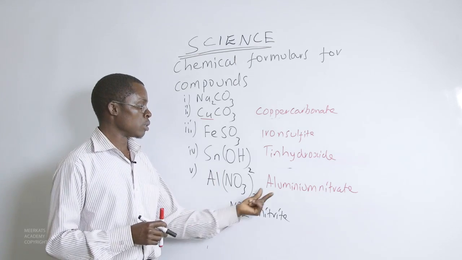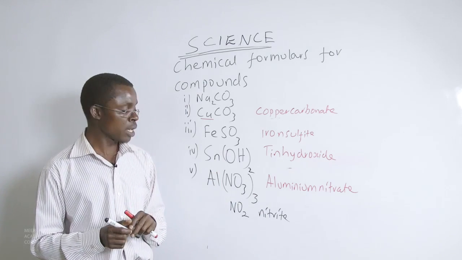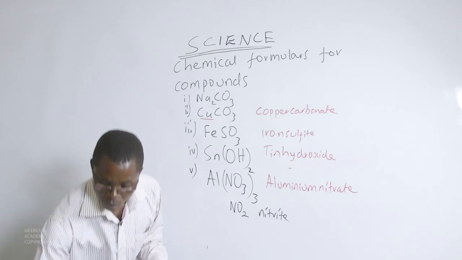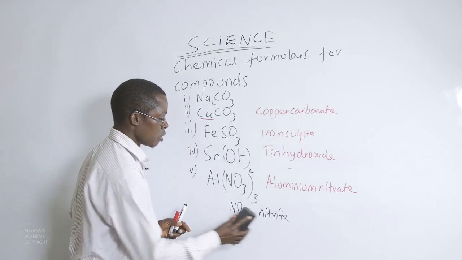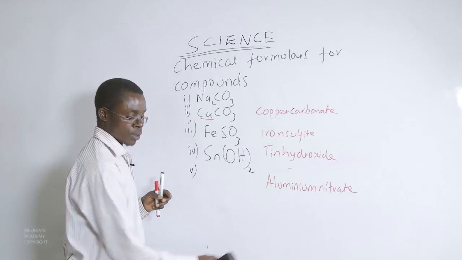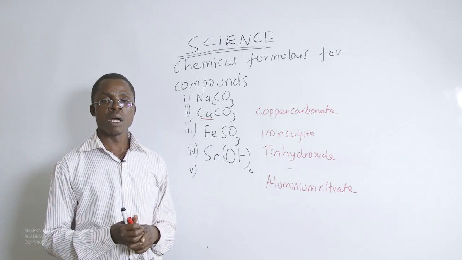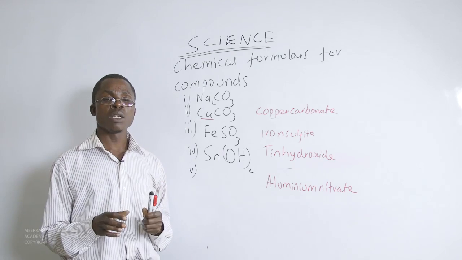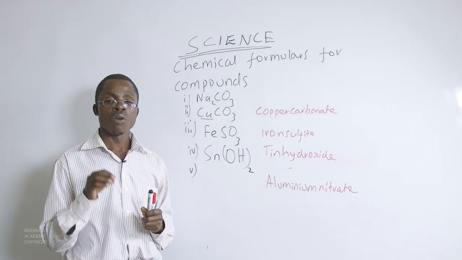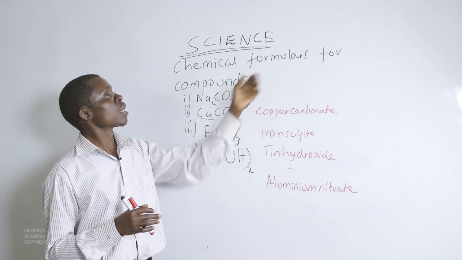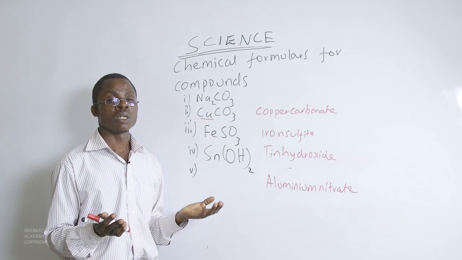Maybe let's use aluminium nitrate as an example here. How do I use the combining powers to get the formula? So I've been given a name, aluminium nitrate, and I want to write its chemical formula. Remember, we are talking about chemical formulas of compounds.